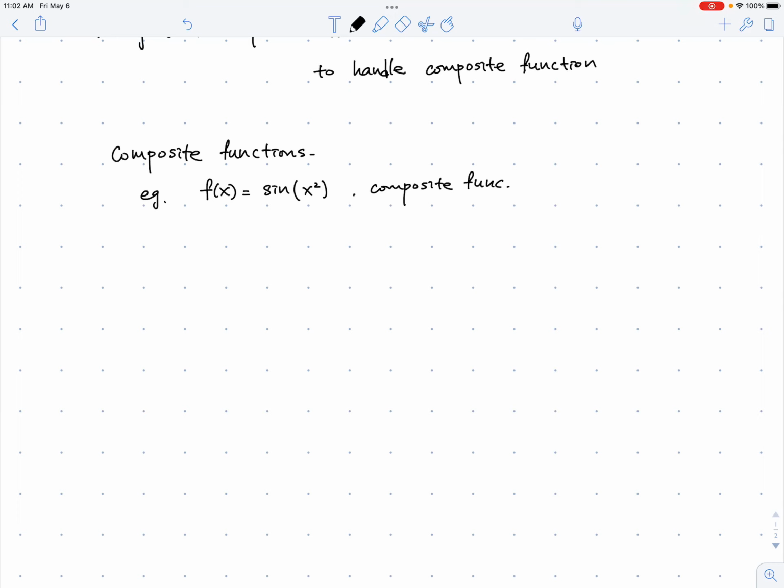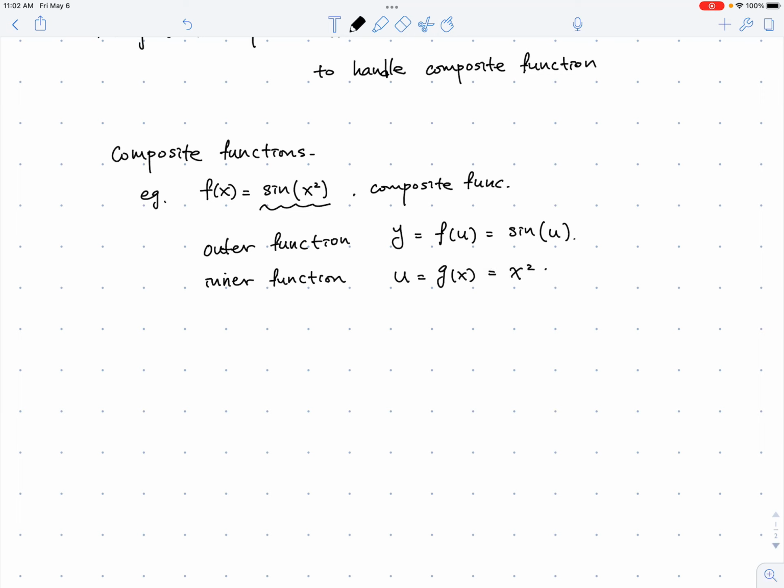By looking at this, you can see that there is an outer function, which is the sine function. So I'm going to say the outer function is y equal to f of u, and f of u is defined as the sine of u. And then there's an inner function, which is the u function, and u is called g of x.